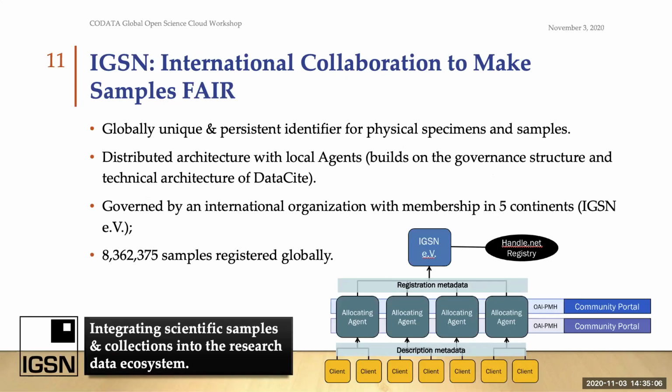And these need to be integrated into a research data ecosystem that provides FAIR, open, transparent, and reproducible scientific results. This IGSN system is already implemented with a distributed architecture with local agents, and we actually have members on 5 continents and an international organization that governs this system.